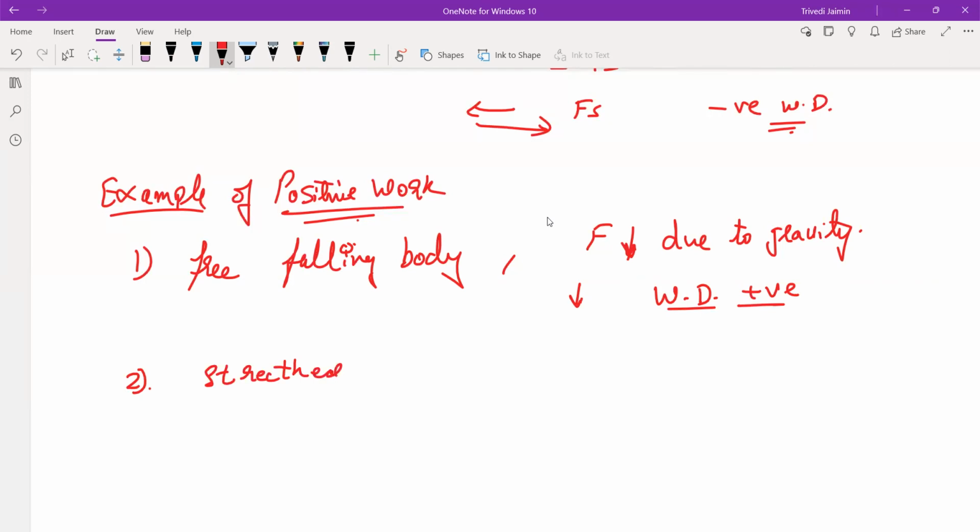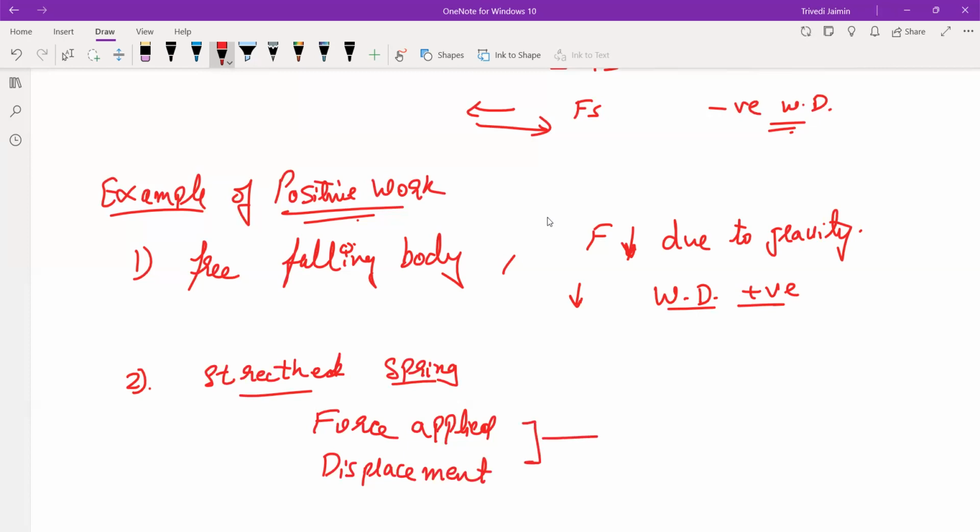Is the force applied and the displacement in the same direction or in the opposite direction? Opposite? How can it be opposite? Think again.